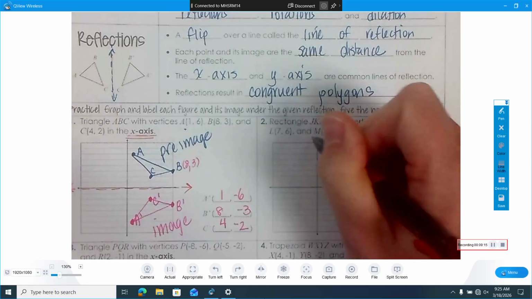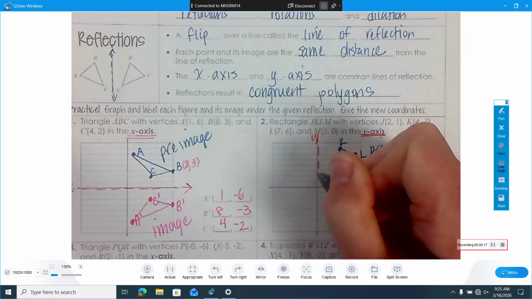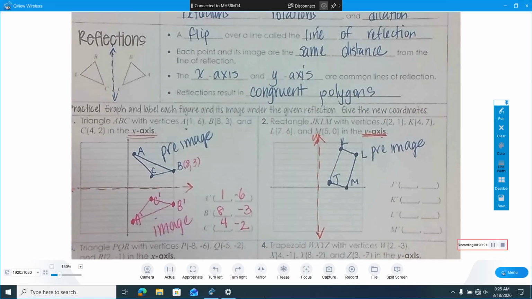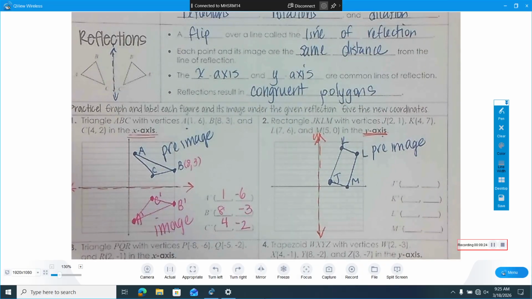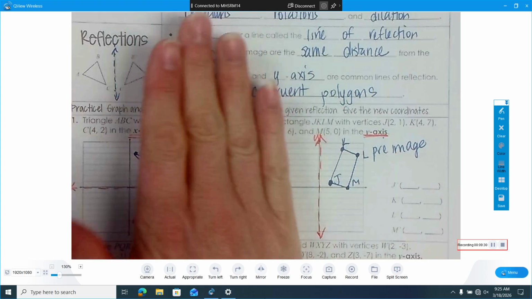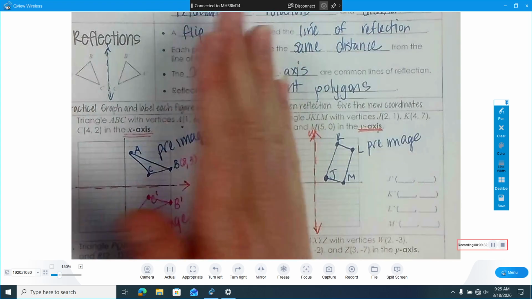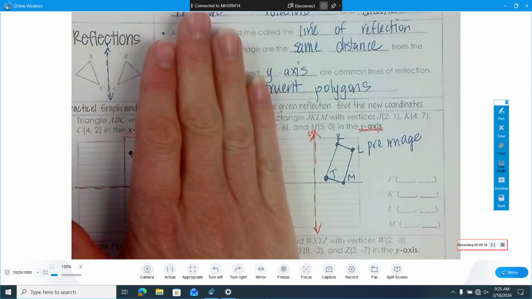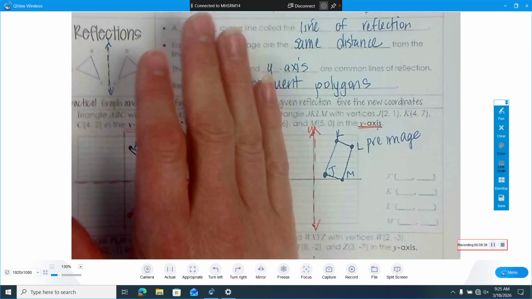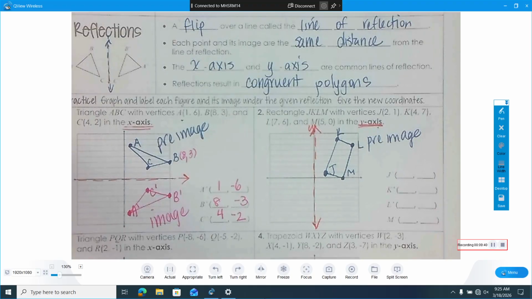So our y-axis is our vertical axis. So this is our line of reflection right here, this dotted line in red. And we're taking this rectangle, and we are going to reflect it over that dotted line. So it's going to be reflected over to quadrant 2.